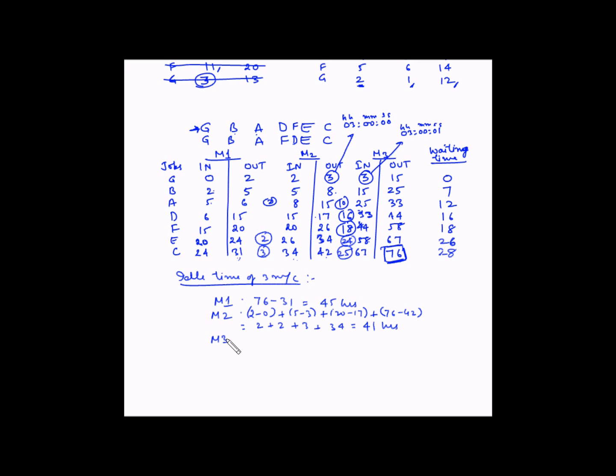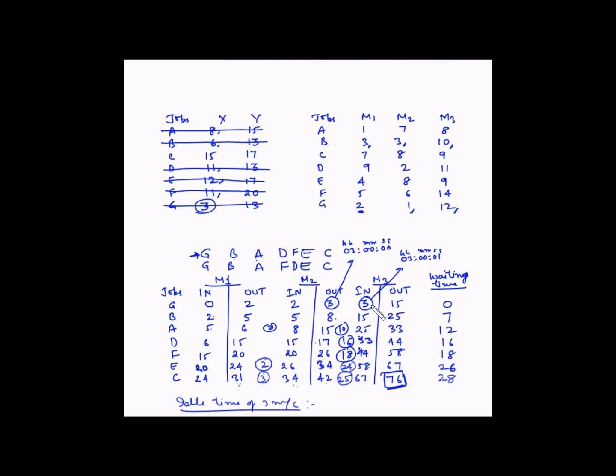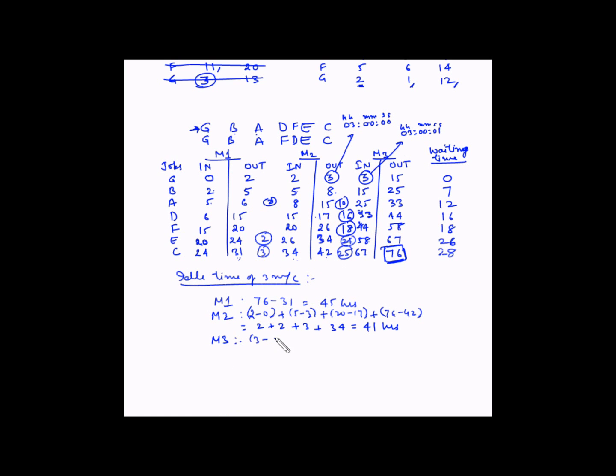Let's calculate same way for machine M3. So machine M3 has an initial idle time of 3 hours because it starts processing G on the third instance, so it has 3 minus 0. Let's see if it has more idle time.